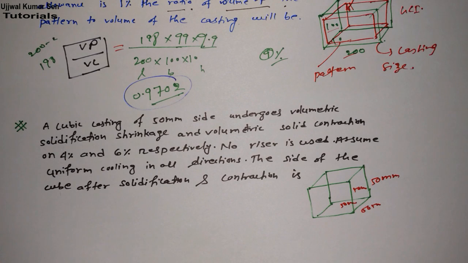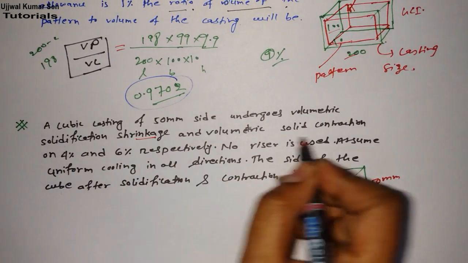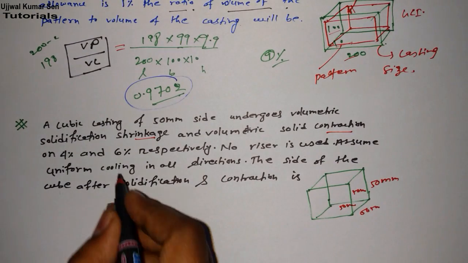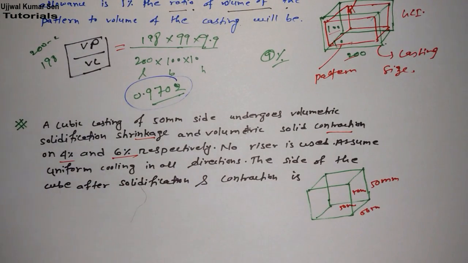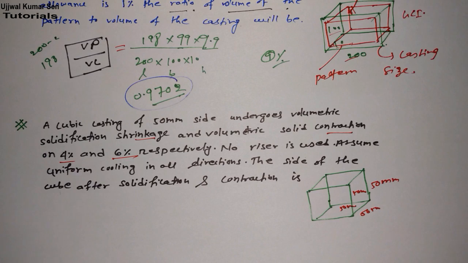Okay, shrinkage and contraction, both are the same. I have already shared with you, right? No riser is used. Assume uniform cooling in all directions. Find the side of the cube after solidification and contraction. So this is 6% and this is 4%.